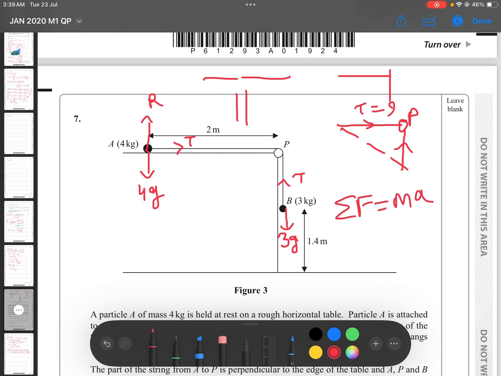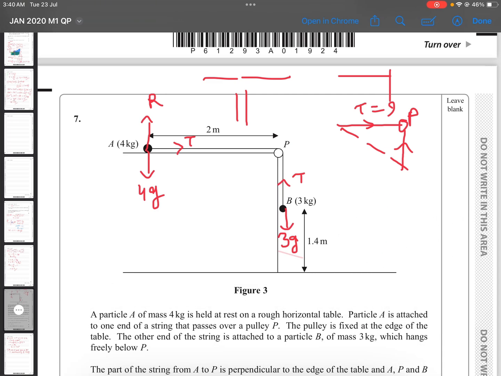Resultant force of ball B will be weight minus the tension. Because weight is greater, that's why weight will be in front. So which will be equal to 3 times the acceleration we found, 0.7, right? So now let's follow through. I don't have space here, so we'll go back to the place.